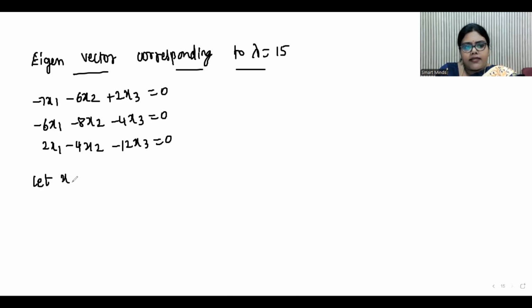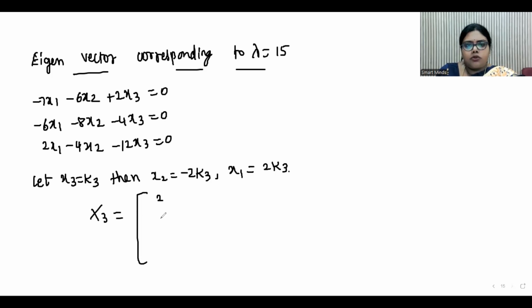Now let's say x3 is k3. Then x2 will become minus 2k3 and x1 will become 2k3. So what are the eigenvectors? You will get eigenvectors as 2, minus 2 and 1.